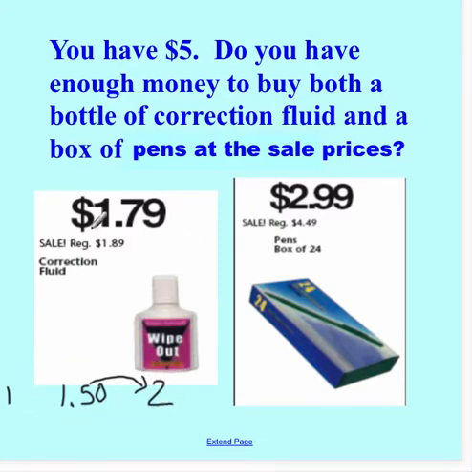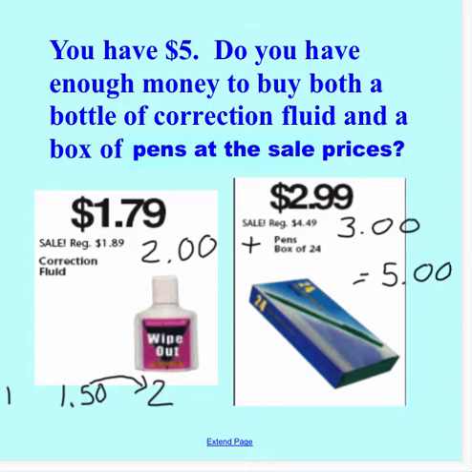So here, $1.79, I can say, that's about $2. And when I look at these pens, the pens are $2.99. That's really close to $3. And if I add my two prices together, $2 plus the $3 means I'm going to be spending about $5.